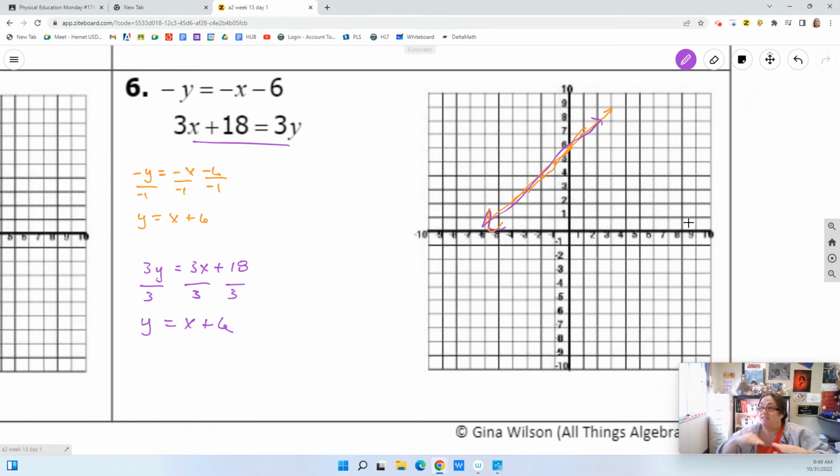They have the exact same graph. And so our solutions are infinite. Anything that I plug in for x on one is going to give me the same y on the other. So we have infinite solutions.